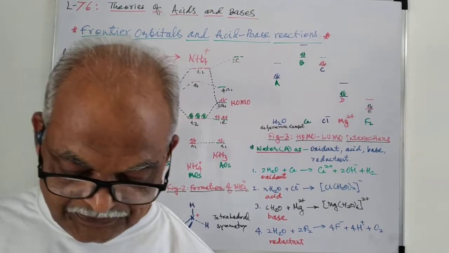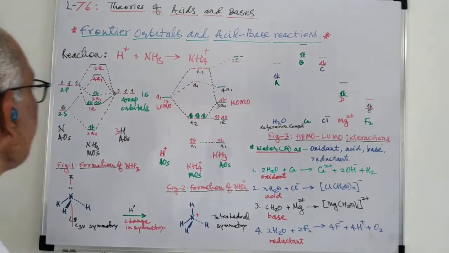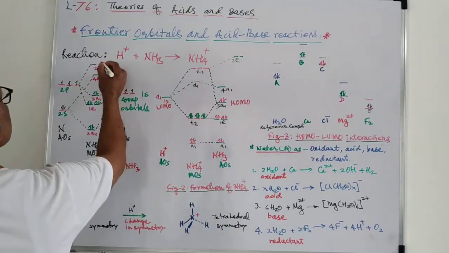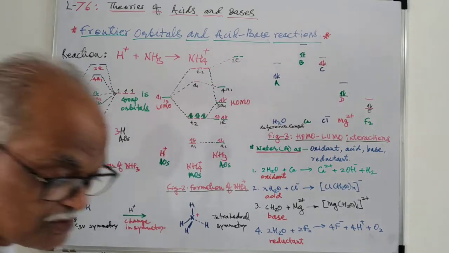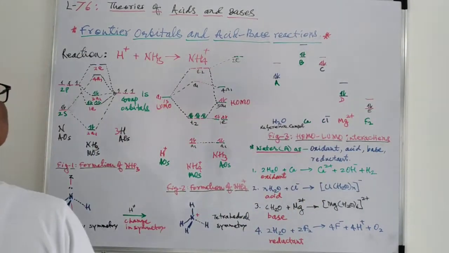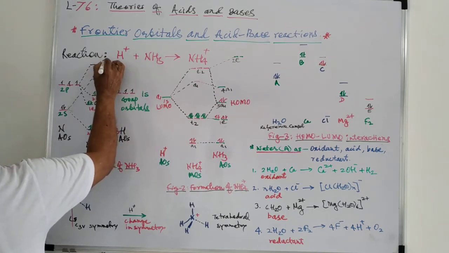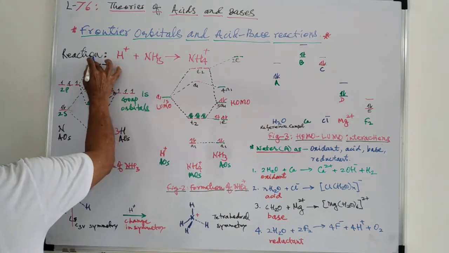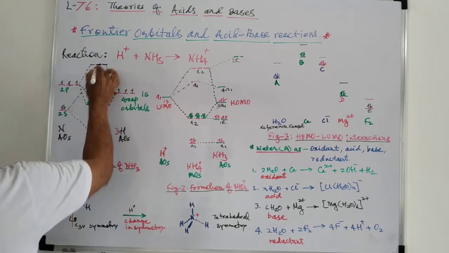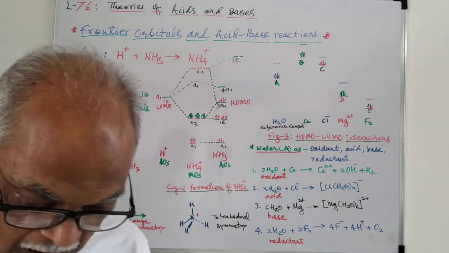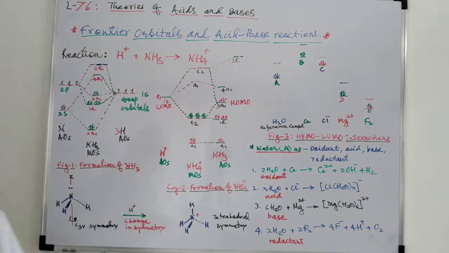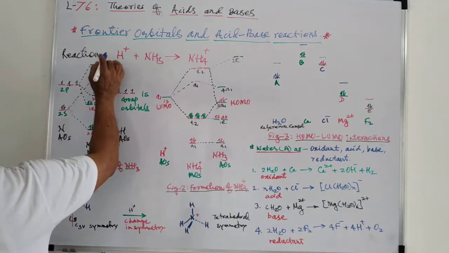So these are in all 4. Here there is a correction: there are these 3 orbitals, that is, 2 orbitals.